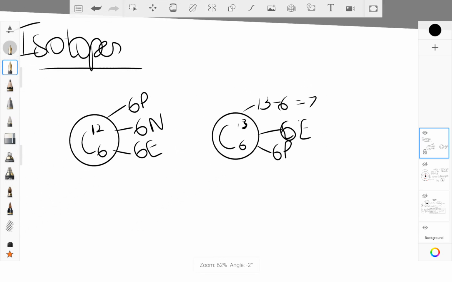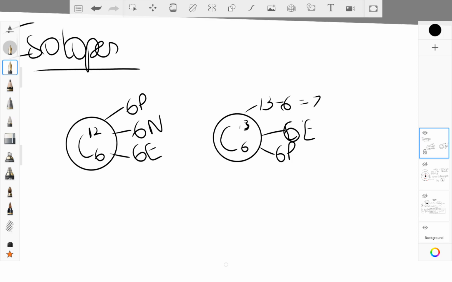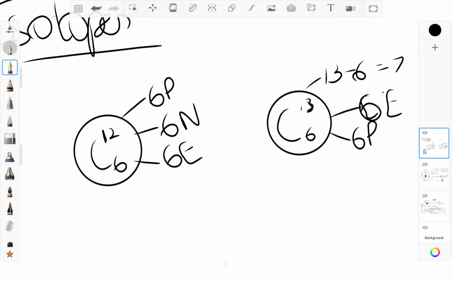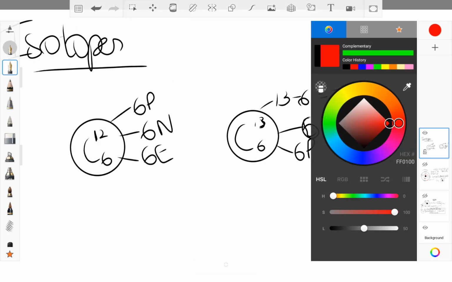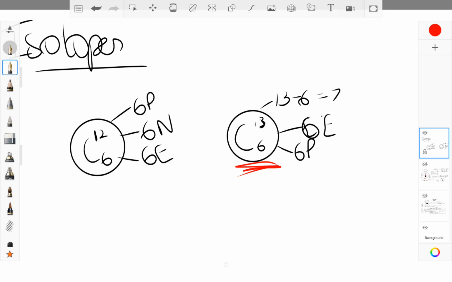So in this case, you can see that these are both carbon atoms. And while the standard carbon atom has 6 neutrons, this second carbon atom has a different number of neutrons, 7, and we call this an isotope.